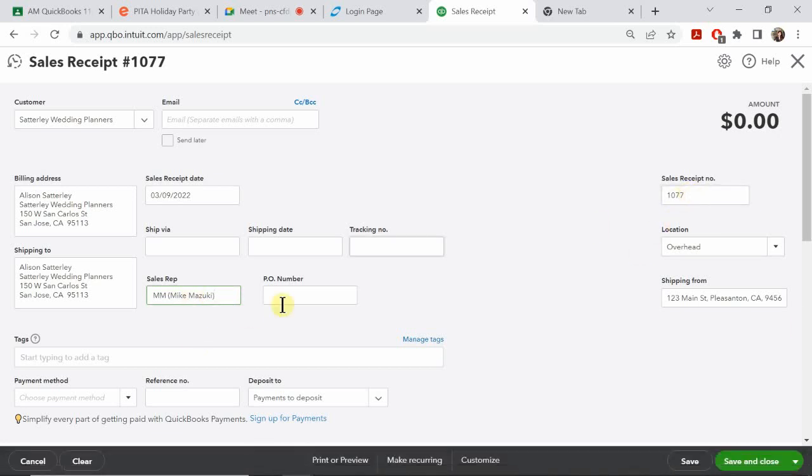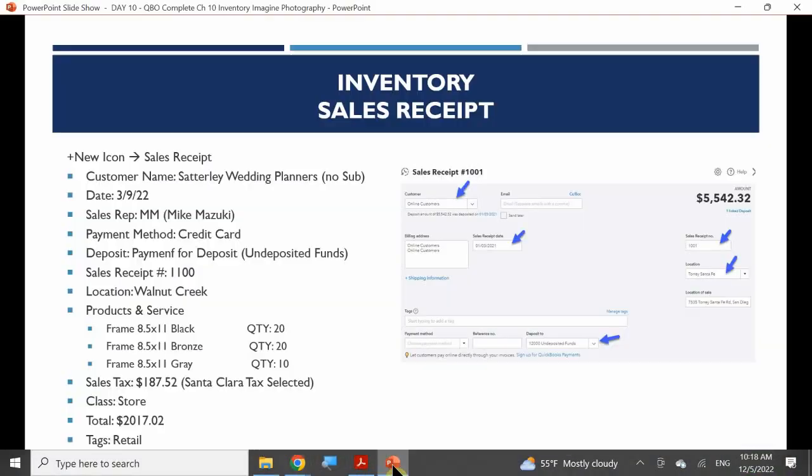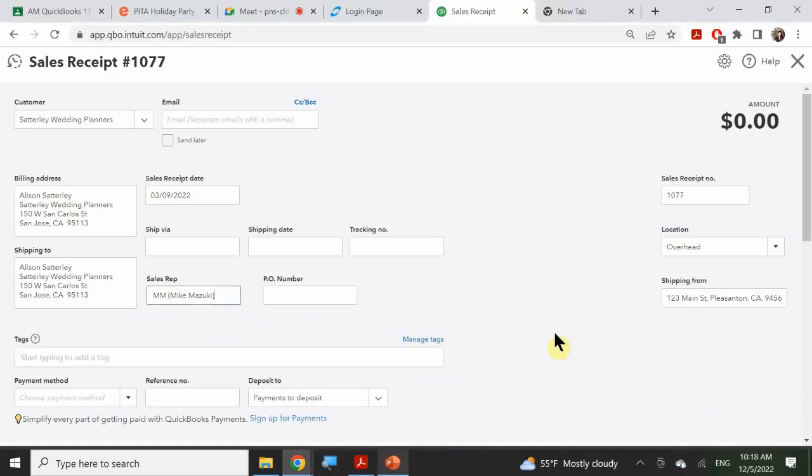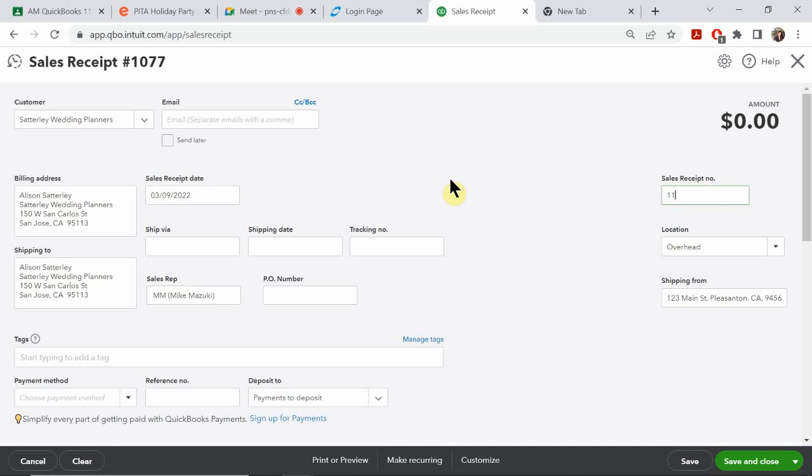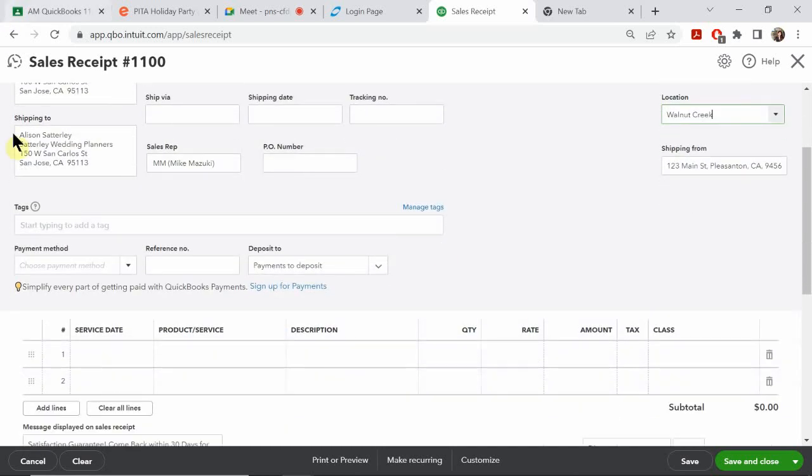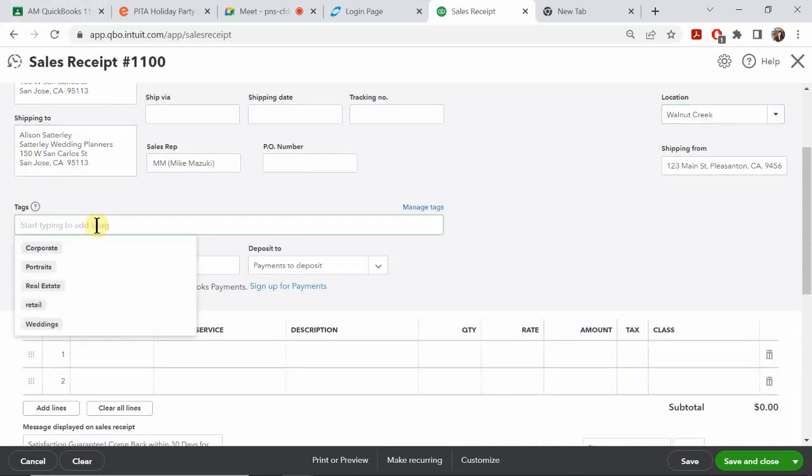This is sales receipt number, let's see, sales receipt number 1100 for the Walnut Creek location. Okay. And this is going to be retail.